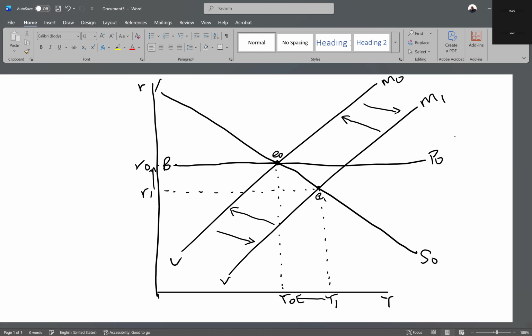So we will come back here, which tells us that monetary policy is not effective under a fixed exchange rate regime. Is that clear? Yes, sir.